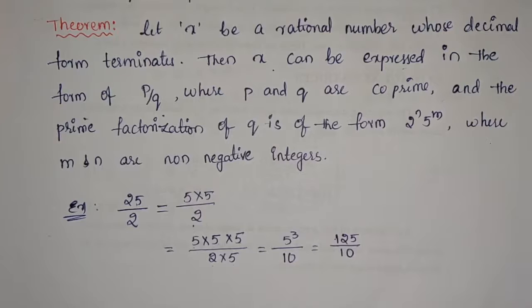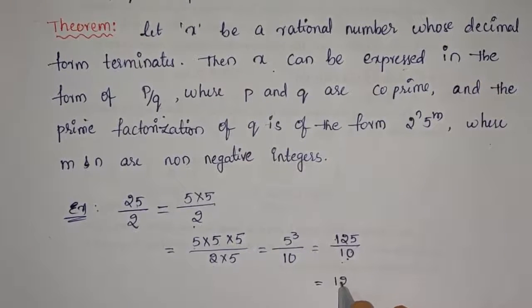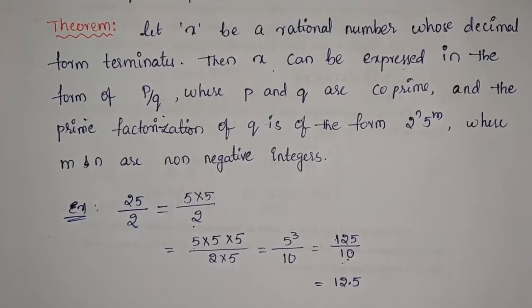In the same way, if you go backward, here in the denominator we have only one 0, so before the last 1 digit we will place the decimal point. So we can write 12.5. This is the decimal form of the P by Q form without using the actual division. Clear?